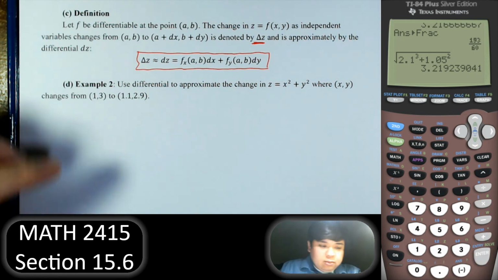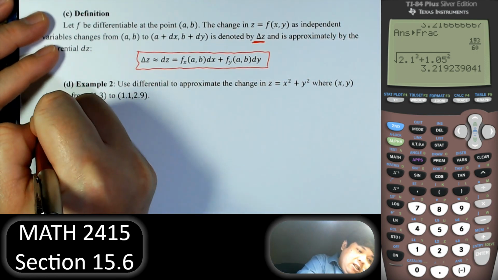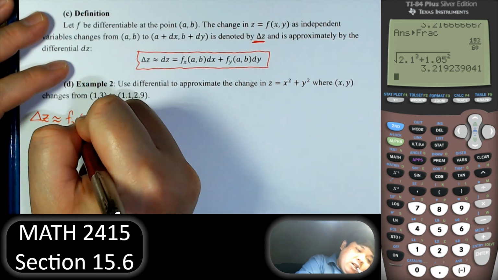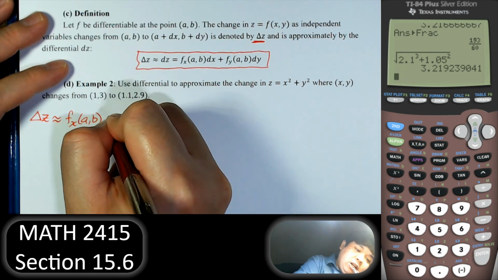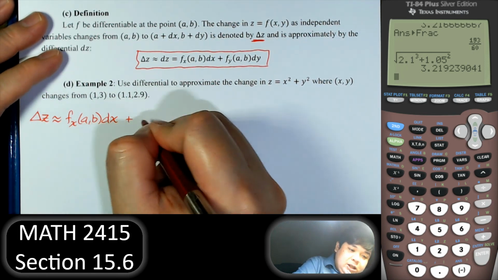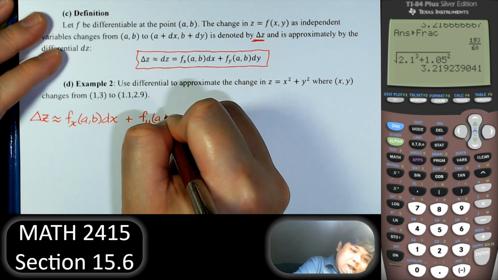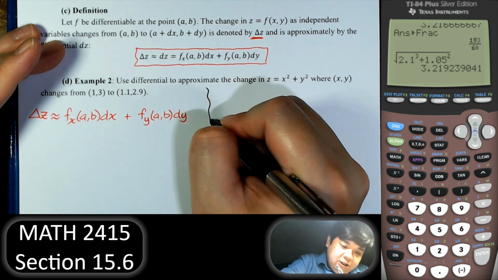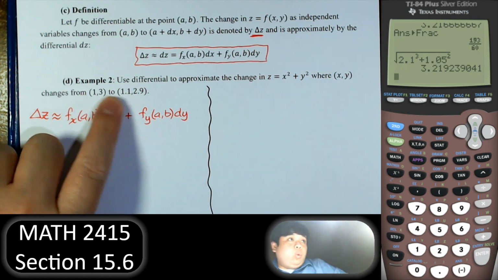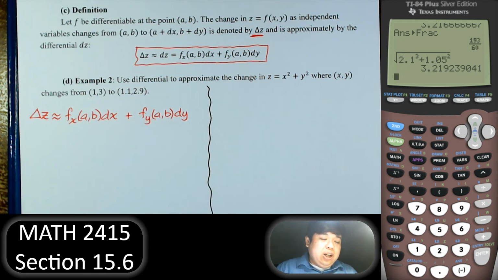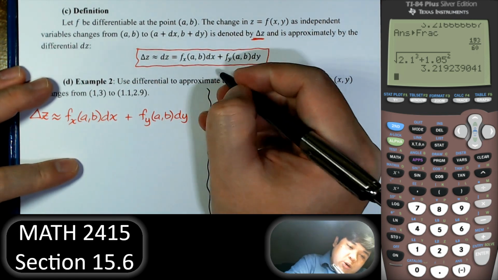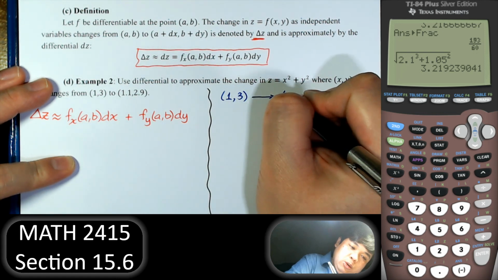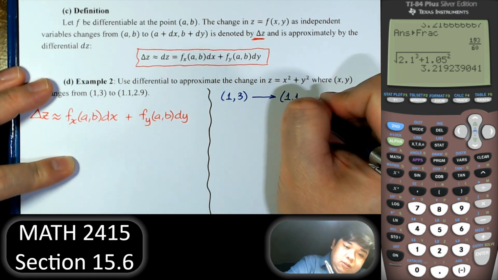Right, so we have the change in z approximately equal to the derivative with respect to x at ab times the change in x, plus the derivative with respect to y at ab times the change in y. Now, we go from (1, 3) to (1.1, 2.9).